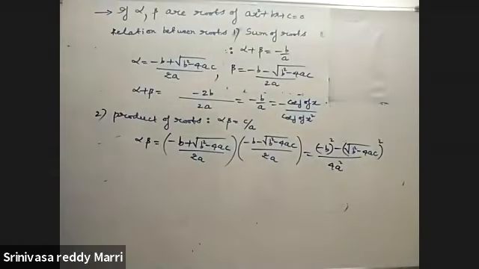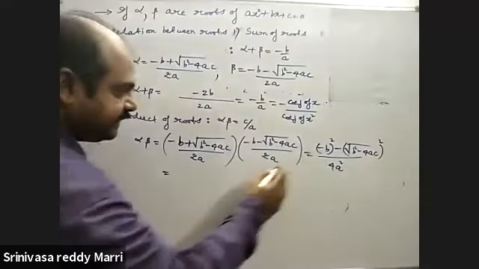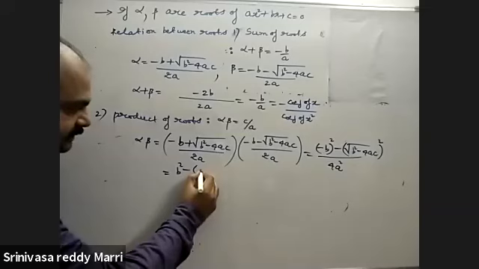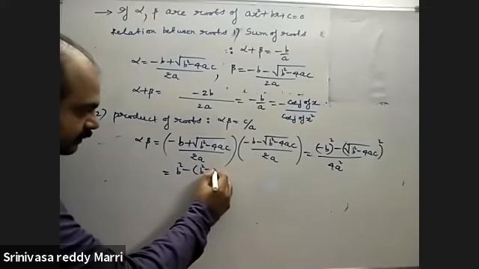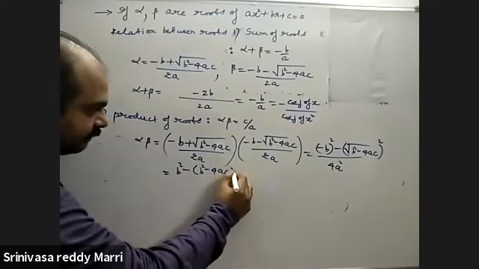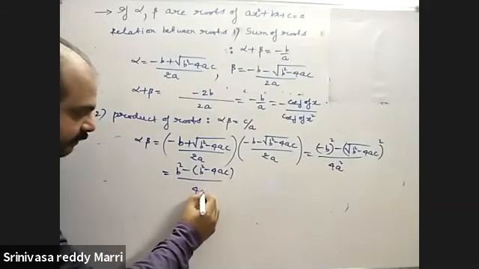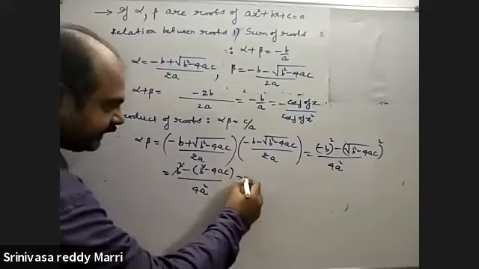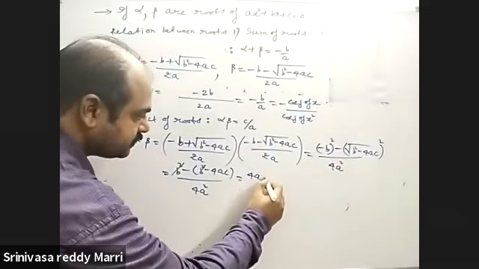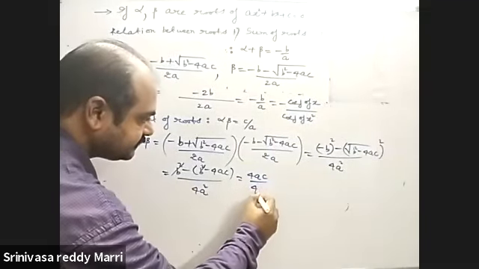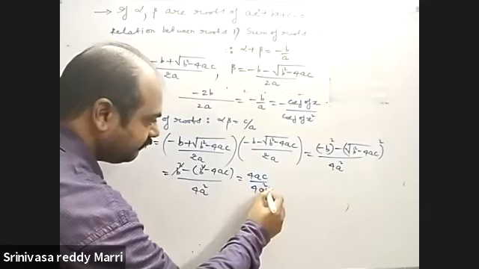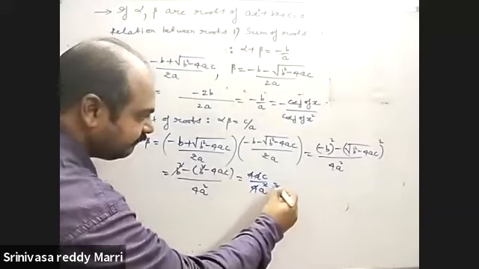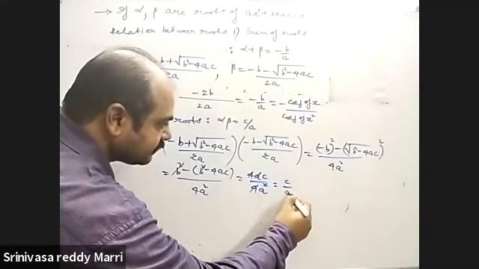So this will be minus b square, which is b square, minus b square minus 4ac, divided by 4a square. This b square will get cancelled. So minus into minus is plus, divided by 4a square. The 4 will get cancelled, and one a will get cancelled.